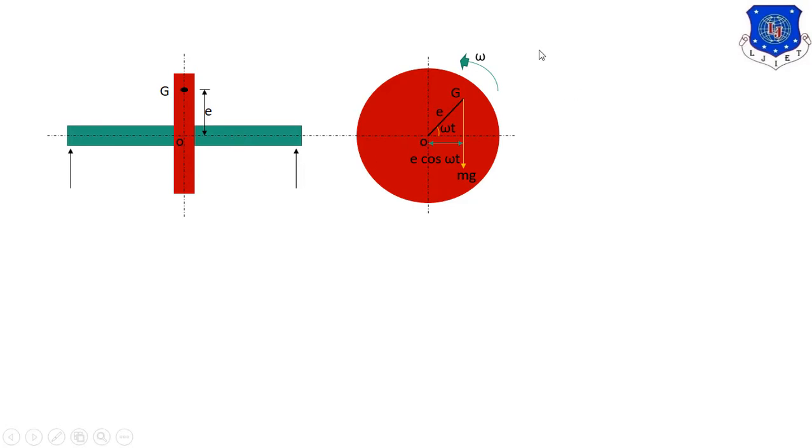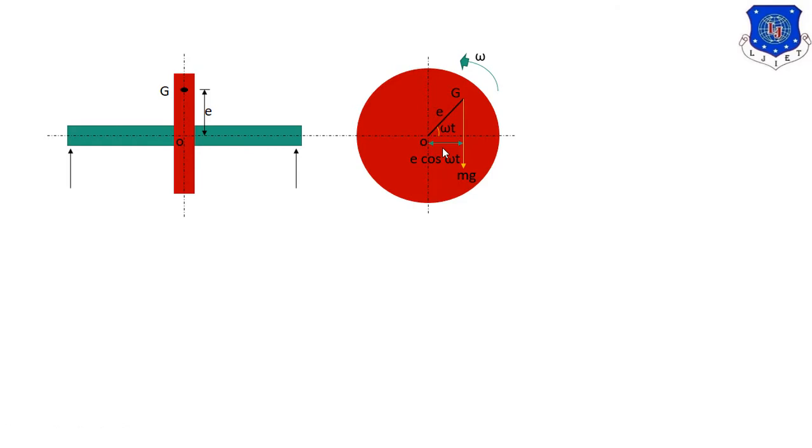Okay, now let us start. If this rotor rotates with angular velocity omega, let us assume that the CG is here. If we see from the side view, the position of CG will be here, and the total mass of the rotor will tend to act in the downward direction, as I show you, that is mg. Now let us assume that G is making angle omega t with this rotor.